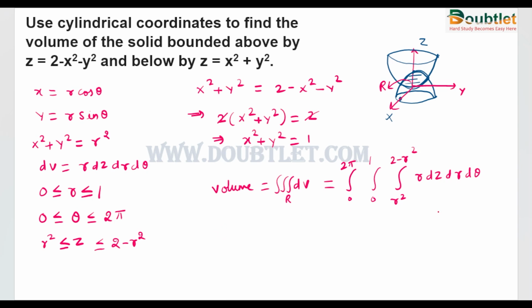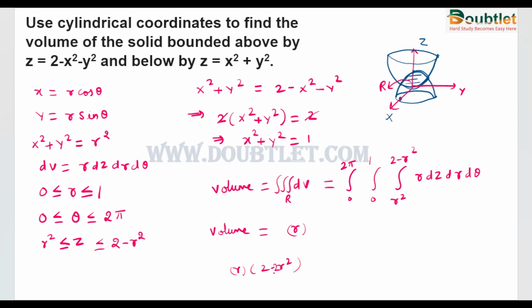So first we have to integrate with respect to z. The integration of dz is z, and we simply put in the limits. So 2 minus r square minus r square. So it will become 2 minus 2r square. So the volume integrand will be r times 2 minus 2r square.